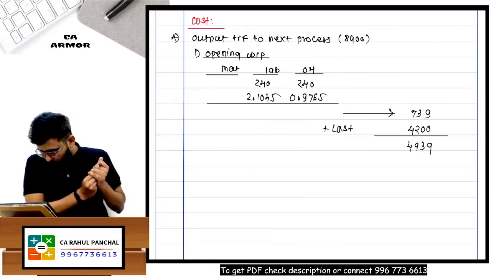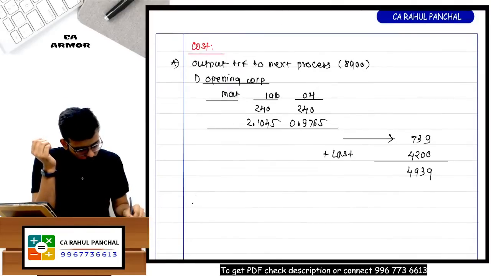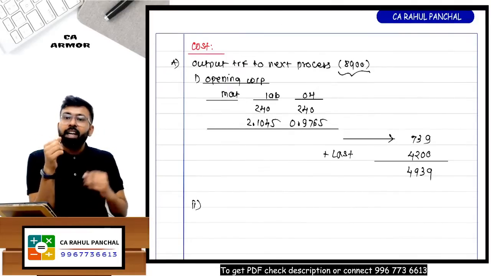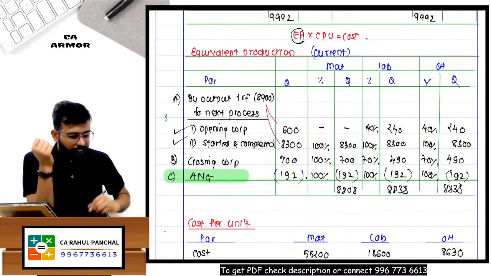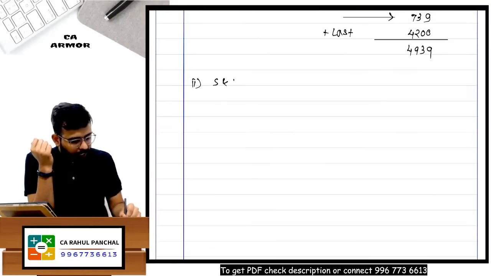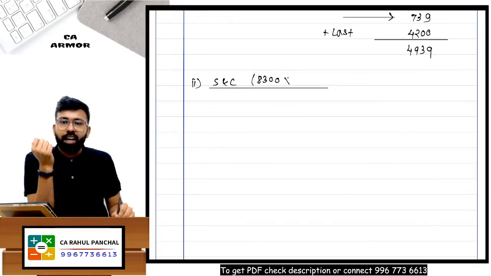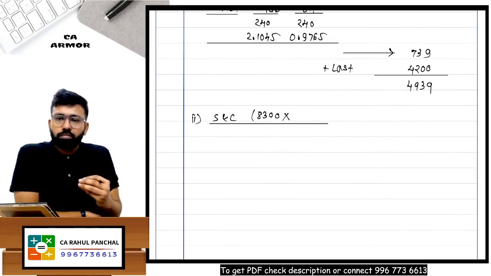Now, once this is done, there is one more thing. This 8,900 has two parts. One is from opening WIP, and we are done with this. The second one is started and completed, 8,300 units. So I will write down started and completed, 8,300 units.